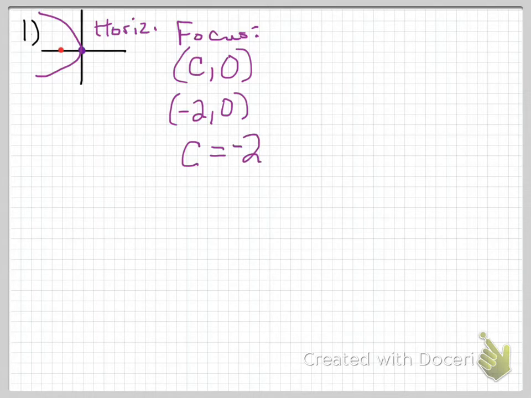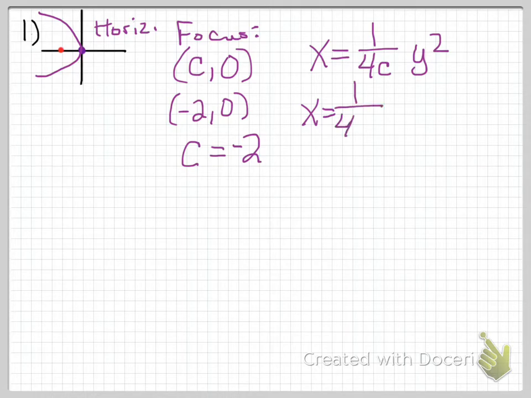Now, because this is a horizontal equation, my equation is going to start with x equals. So this is x equals 1 over 4c y squared. And then I'm going to plug -2 in for c.